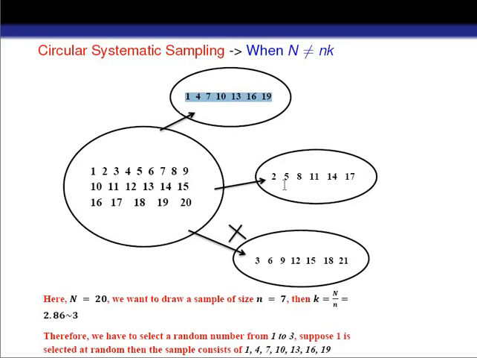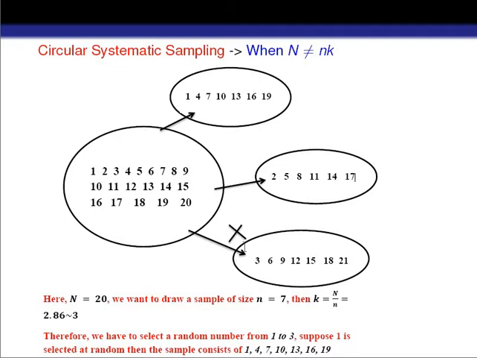Now if 2 is selected, these will be the sampling units for our sample. Sorry, here after 17 there will be 20, because we are going to draw a sample of size 7 and I had just written 6 observations.